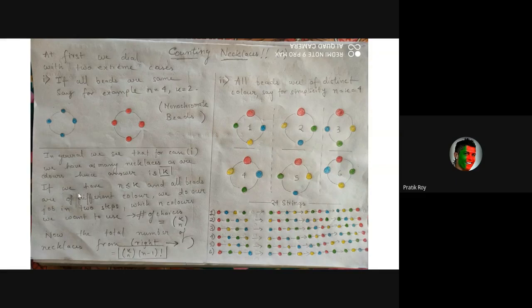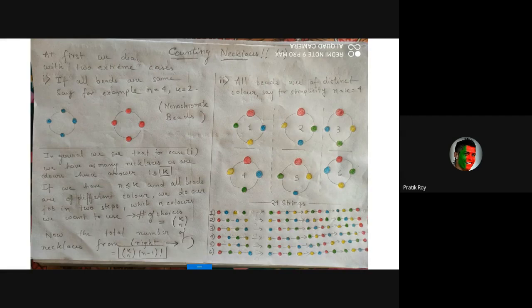And for the general case, suppose we have k colors, for different beads having different colors. k must always be greater than or equal to n. Here, for example, I have taken k equal to n, but in general k can be greater than or equal to n, and all the beads have different colors. So at first, I must choose which n colors I want to use. That can be chosen in k choose n ways.